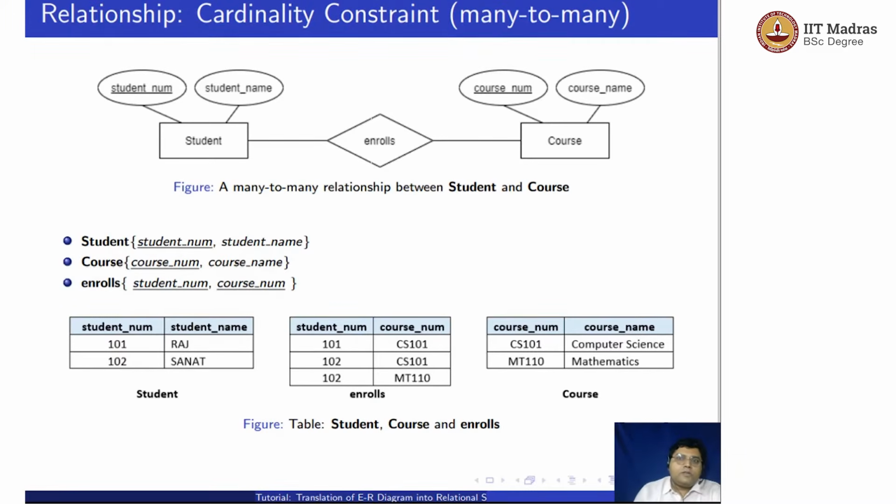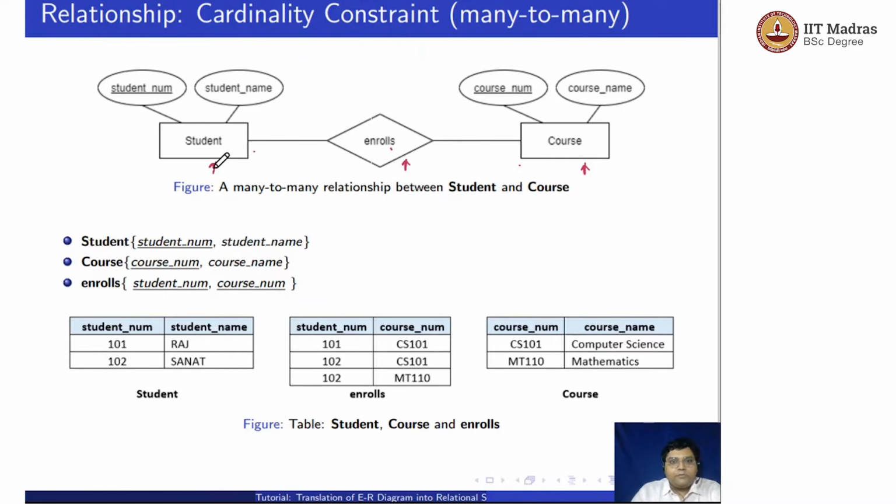Okay. Next, we'll consider the relationship between the entity sets, right? Which will be done in terms of a relationship set. So between the student entity set and the course entity set, we consider a relationship set, that's enrolls. So there is a many-to-many relationship between student and course via enrolls, right?